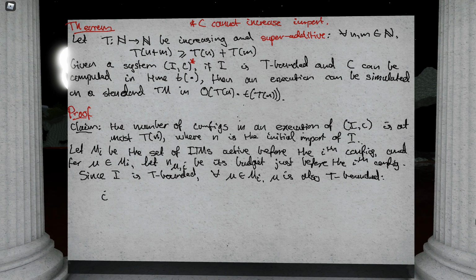The configuration we're up to is the sum over all machines of the steps taken by mu, which is, by definition of t-bounded, less than or equal to t of n mu i.